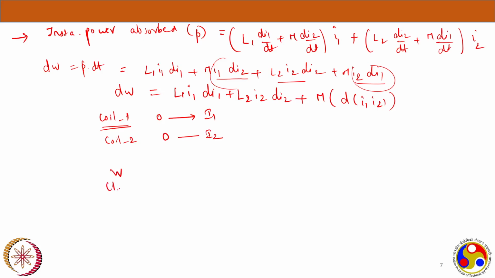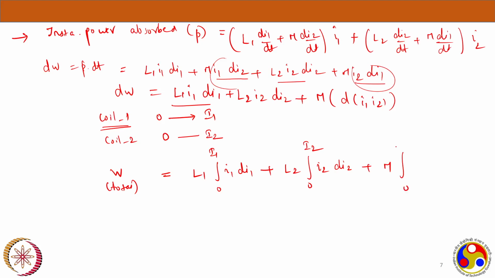Now the total energy absorbed W is L1, integrating I1 di1 from 0 to I1, plus L2, integrating I2 di2 from 0 to I2. Now for the M part, we have both currents, so it's d(I1 I2). Yeah, again simple. This will be half L1 I1 square.